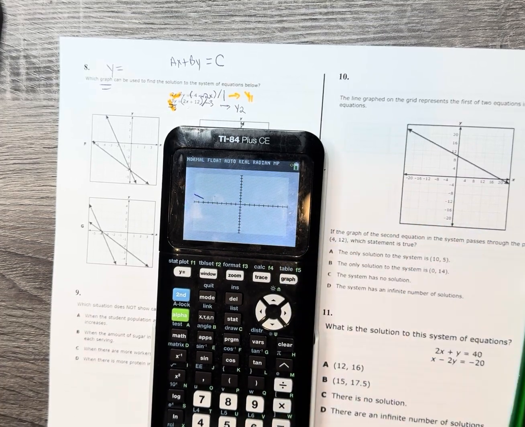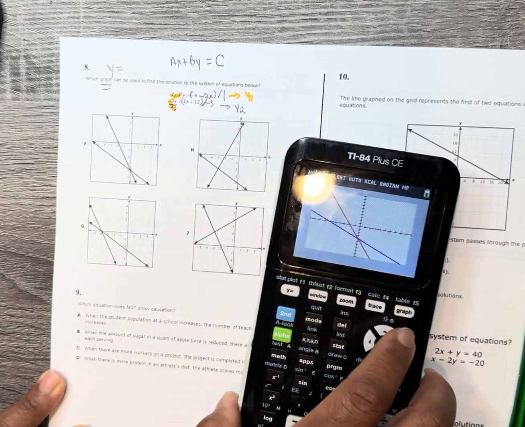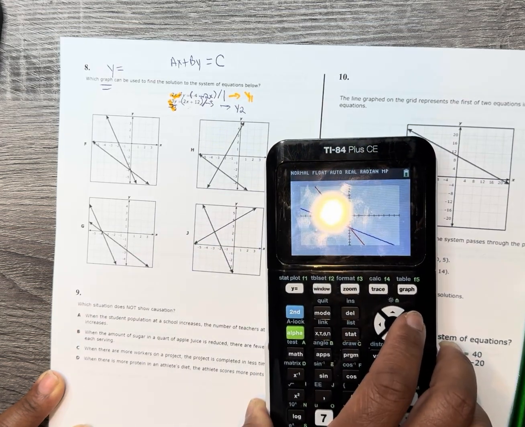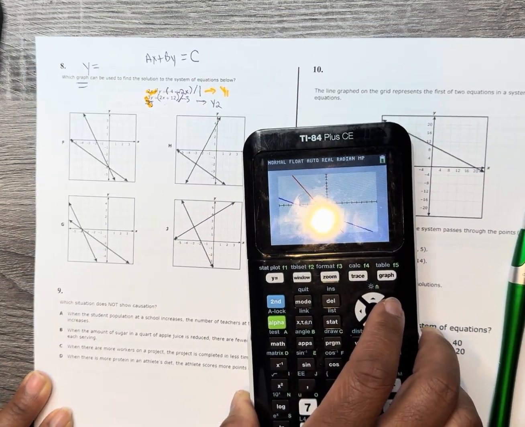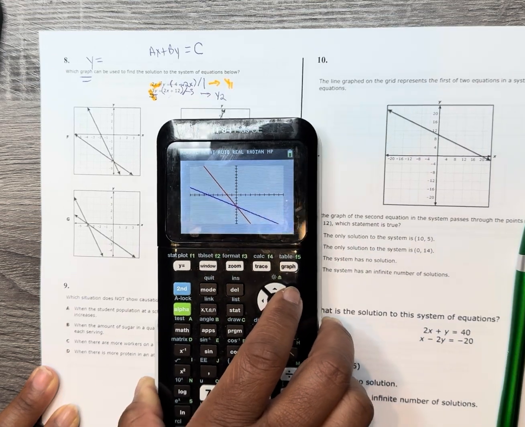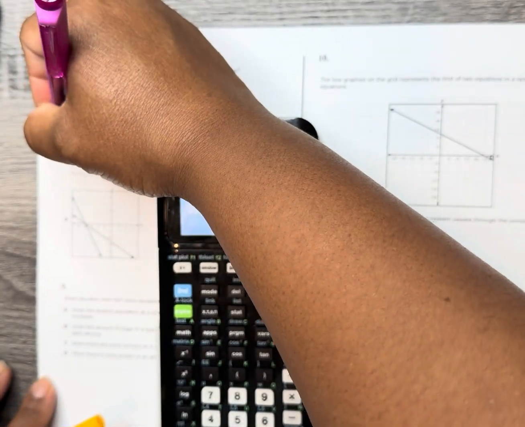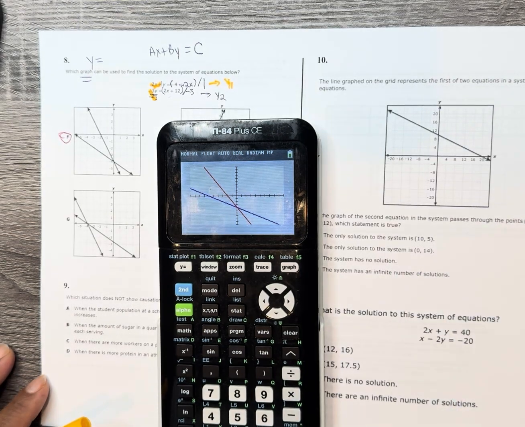Press graph. And when I look and observe F, H, all that, the only one that fits is F. All right, F is the one that fits.